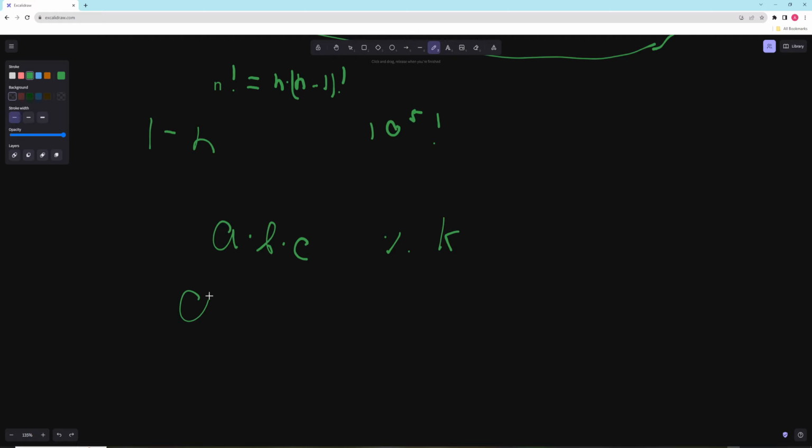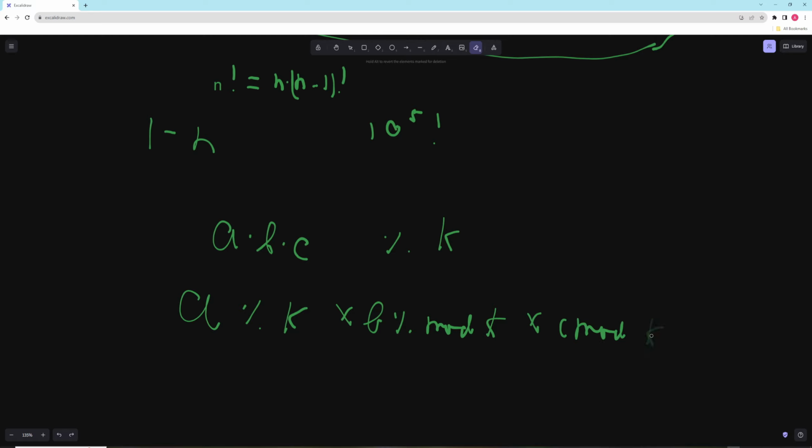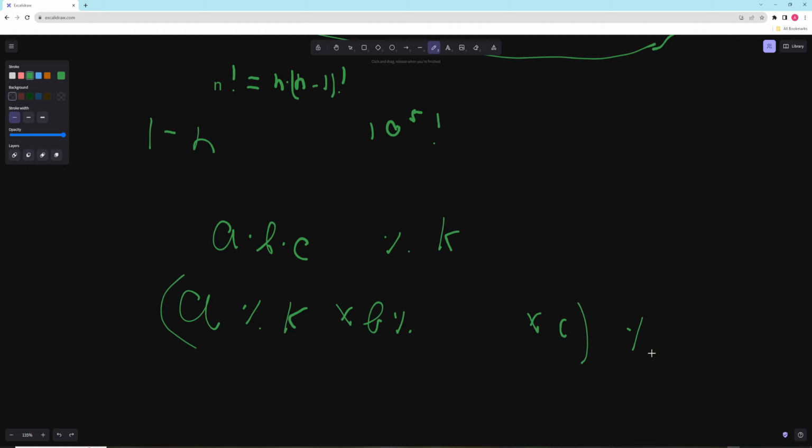So this is the same thing as a mod k times b mod k times c mod k. And you don't even have to mod them, right? So these are all optional. So this is the same as just a times this. This is totally fine, where you could just mod a by k, and then keep the rest. So this is all the same as long as you mod the final result by k.